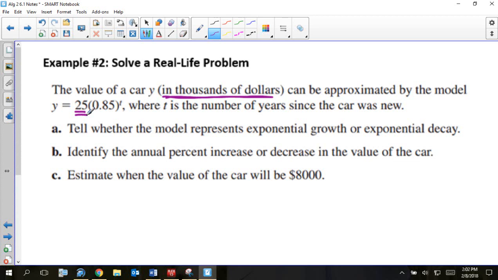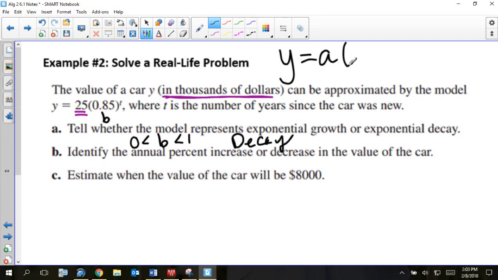Okay, tell whether the model represents exponential growth or exponential decay. So we think about the growth or decay model. We have y equals A times. Now let's look at our B value. Is our B value greater than 1, or between 0 and 1? B is between 0 and 1, so this is a decay. We have to identify the annual percent increase or decrease in the value of the car.